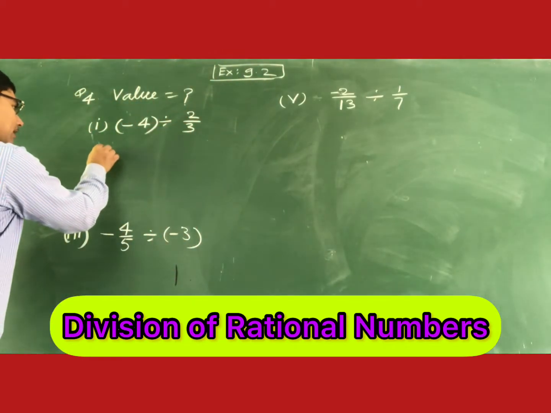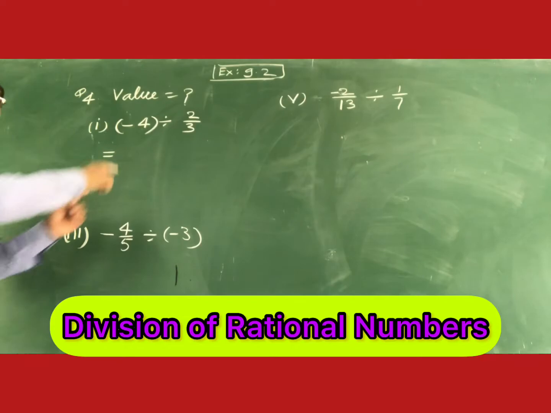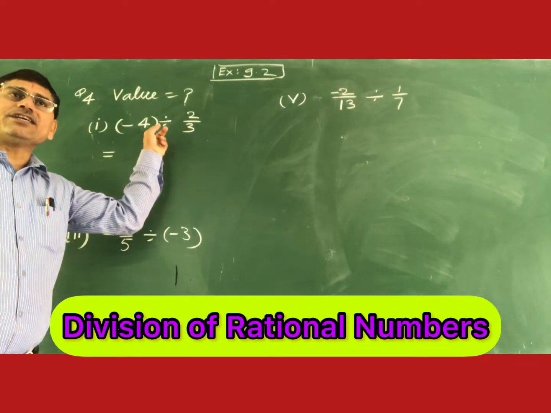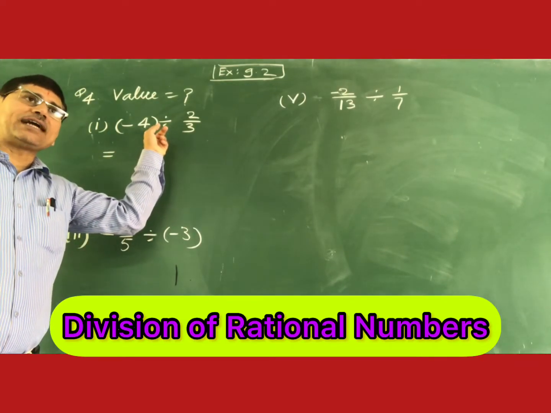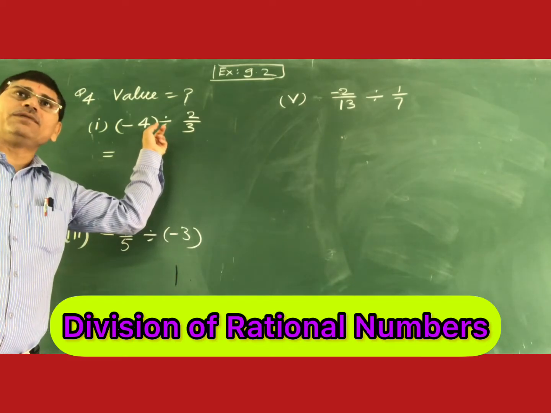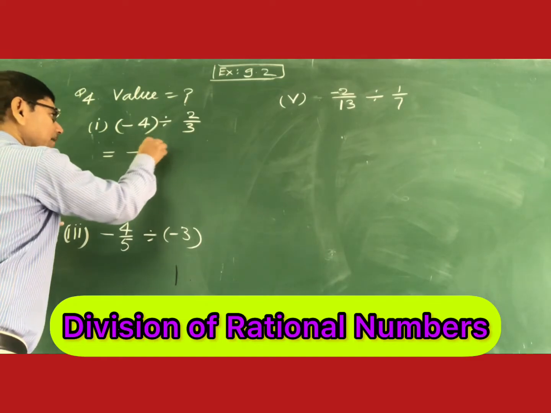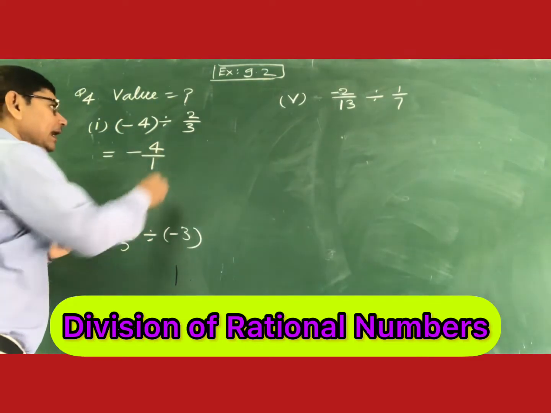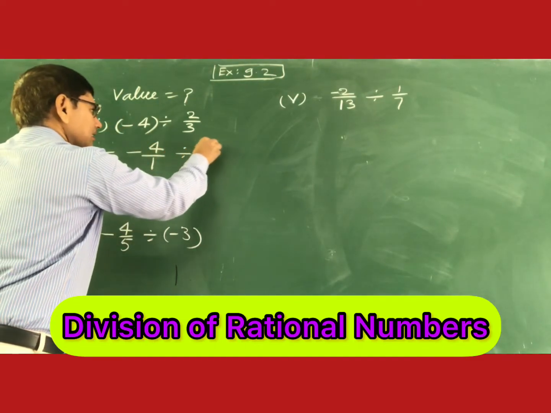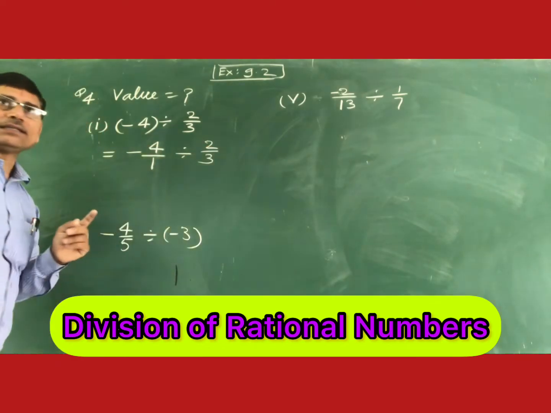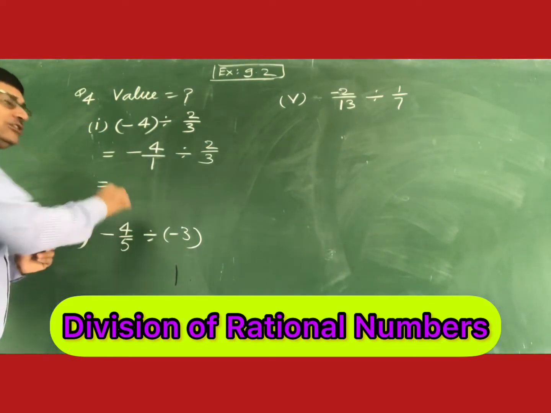First of all, this is an integer, that is minus 4 only. You will write this into the standard form by dividing by 1, that is minus 4 upon 1. And divide by the second rational number, 2 by 3. In the next step, what to do?